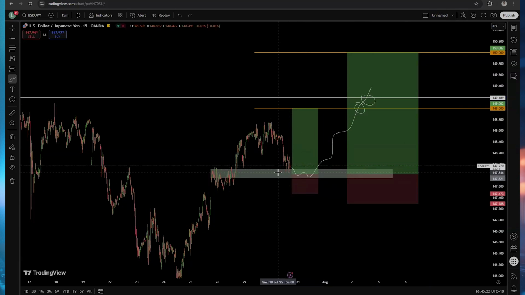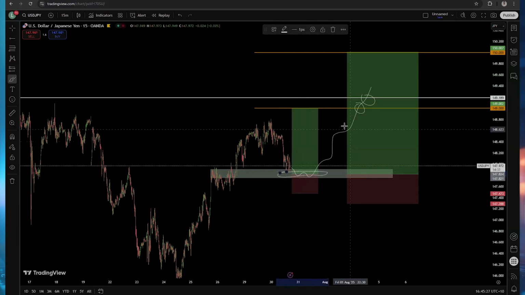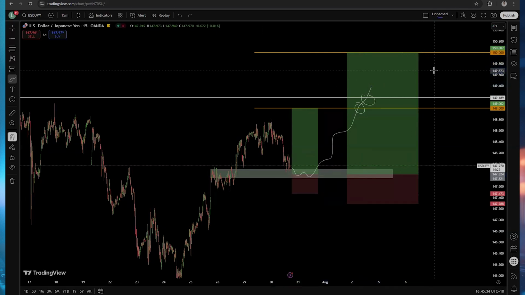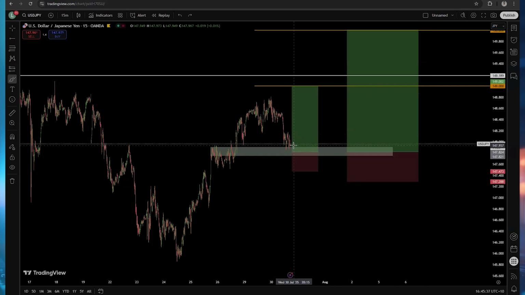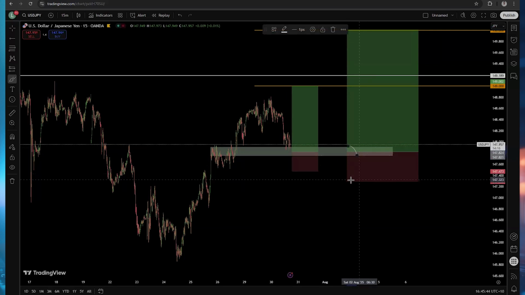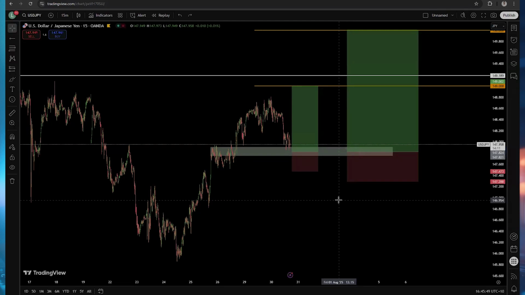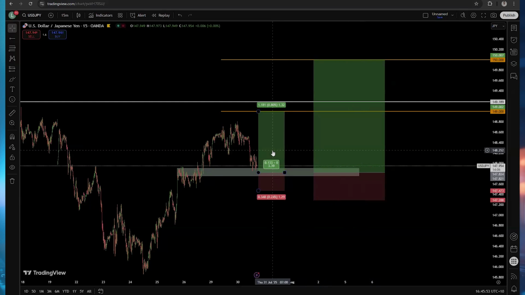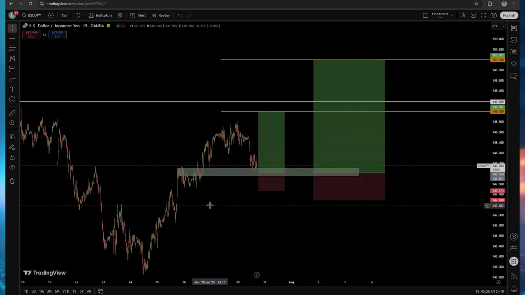Then I would place my stop loss at break even and leave this trade to reach the main target, which is 150. Now, if we end up getting stopped out over here, we have a second position, but with a bigger stop loss. So those will be your two options to trade: a 4 RR or a 3.39 RR.